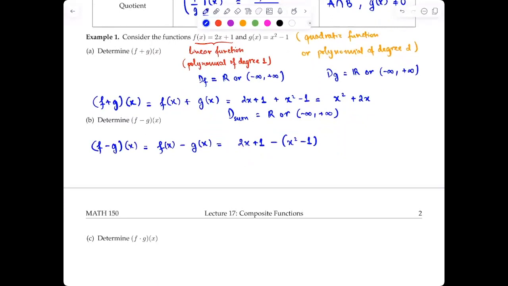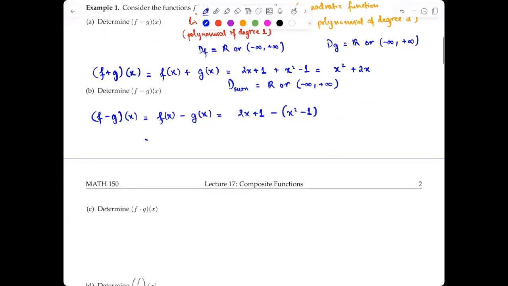Now, if I want to expand this negative, I need to distribute the negative into x squared and negative into negative 1. So this is what I get: 2x plus 1 minus x squared plus 1. So you have negative x squared plus 2x plus 2.